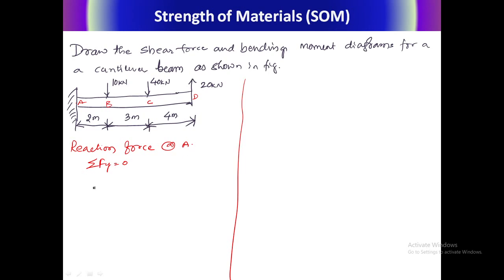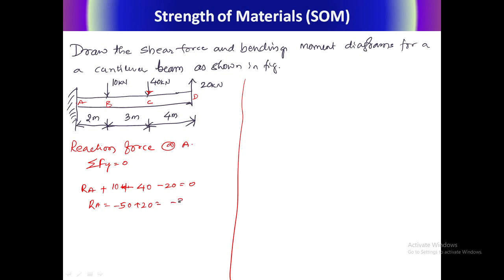Now, let us take RA plus 10 kilonewton plus 40 kilonewton. Now, we take upward load as negative here. So how much are you going to get here? RA equal to minus 50 plus 20.